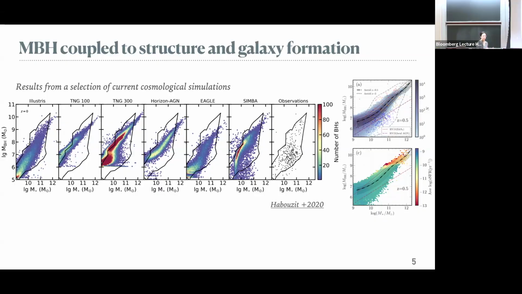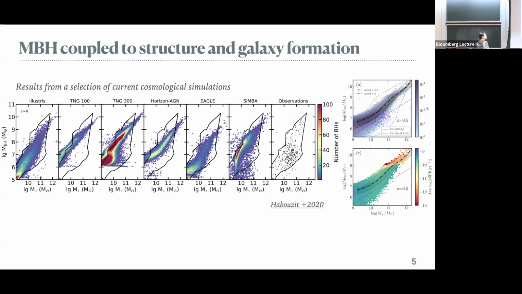It's a model that's physically motivated. I don't think we specifically tune the parameters of the Bondi accretion or the star formation efficiency, or the feedback parameter, to tune that.